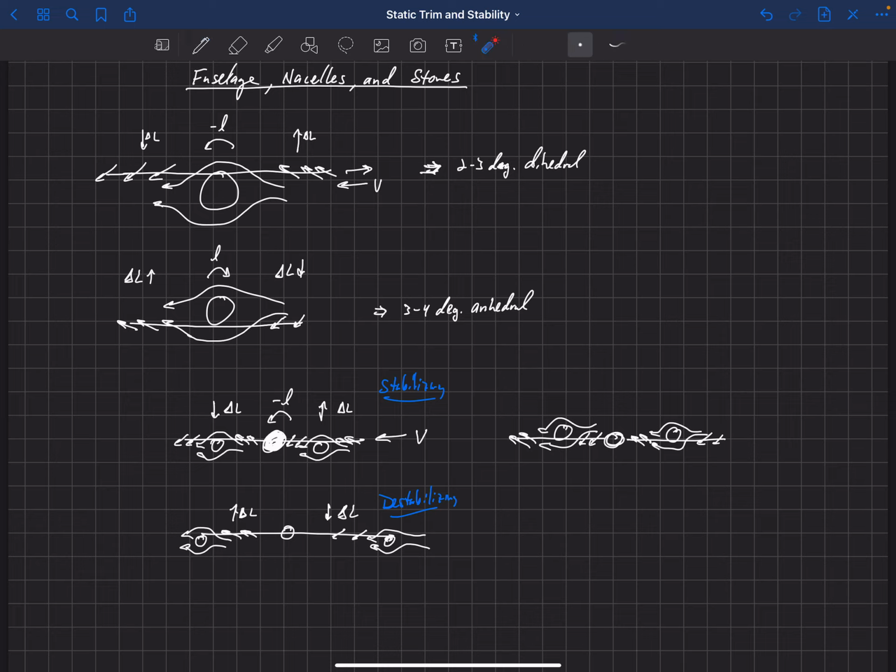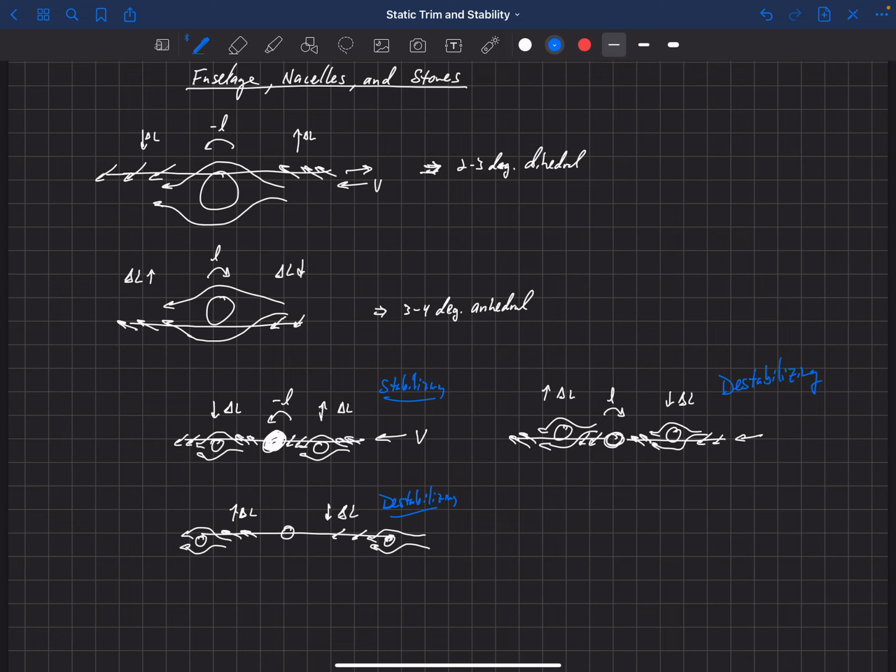We have some portions that are increasing and some portions that are decreasing, but what's important is the moment arm associated with these. So the portions that are dominating this are out at the tip. So we have a decrease in lift out on the right-hand side, an increase on the left-hand side, and so that is giving us a delta L that's positive over here and a delta L that's negative right there, and so that's creating a positive rolling moment, and so that is destabilizing.